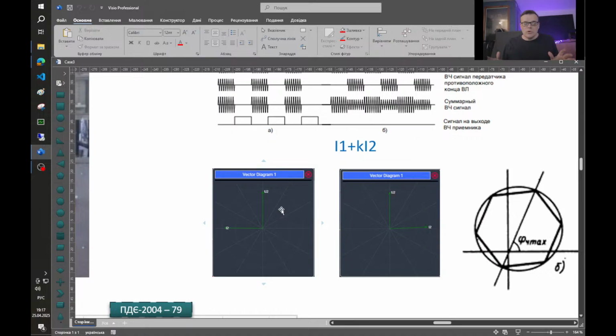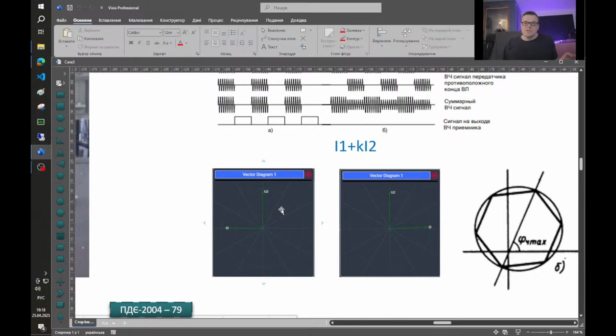I believe you know about distance blocking schemes, but here the same principle is used, not with a distance relay, but with a negative sequence directional power relay. So the protection has two relays.